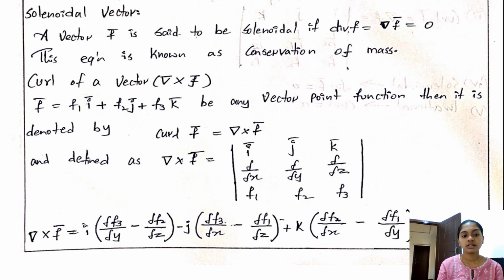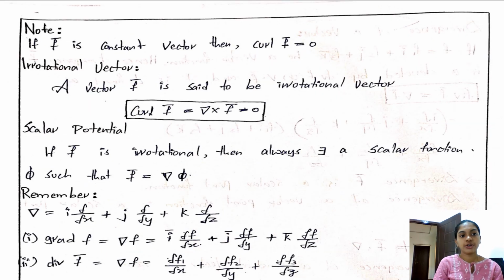Then we get del × f = i(∂f3/∂y − ∂f2/∂z) − j(∂f3/∂x − ∂f1/∂z) + k(∂f2/∂x − ∂f1/∂y). Note, if f is a constant vector, then curl f = 0.